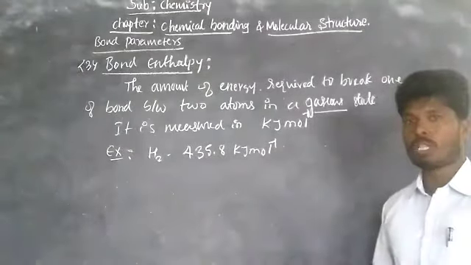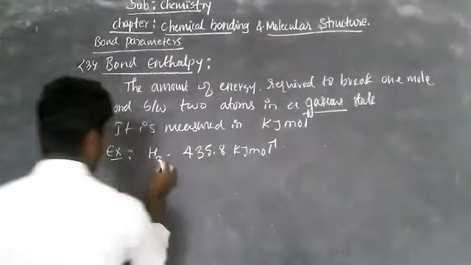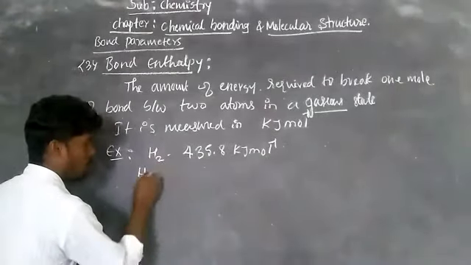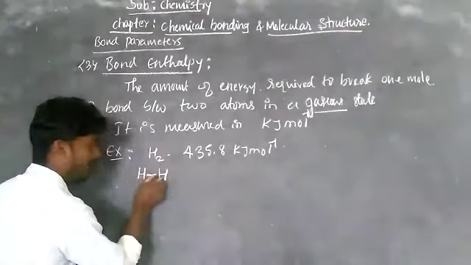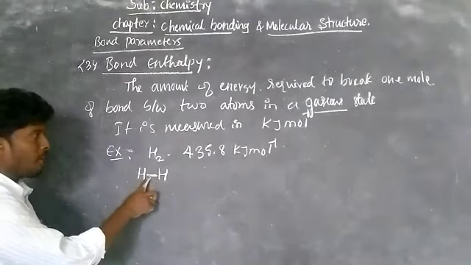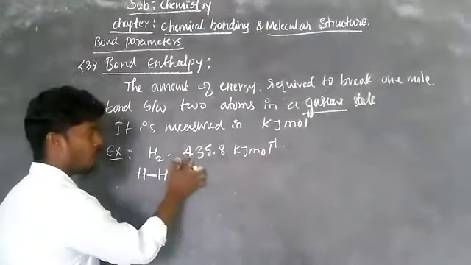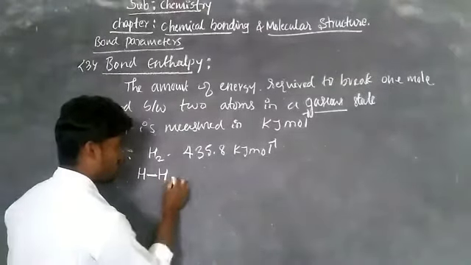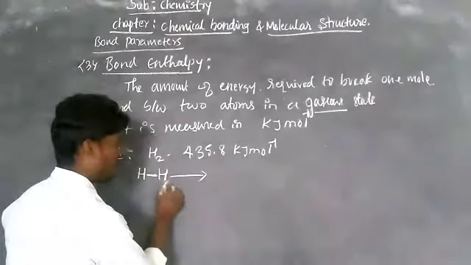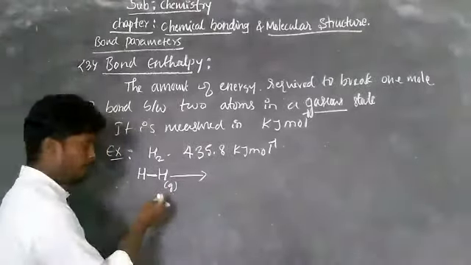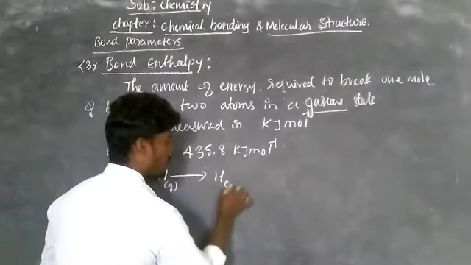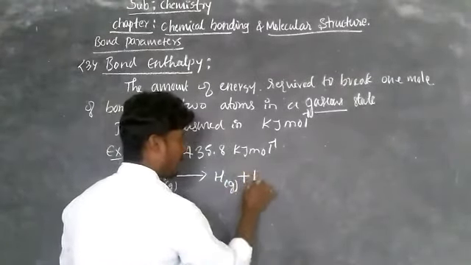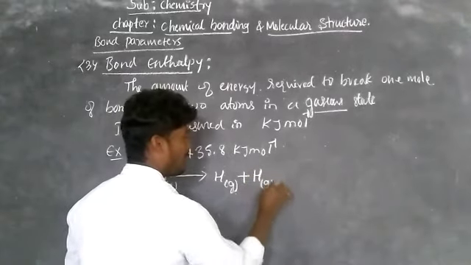Observe here, there is a hydrogen molecule, H-H. To break this bond, how much energy is required? 435.8 kilojoules per mole, in gaseous state. This hydrogen gas H2, after breaking, gives 1 hydrogen atom in gaseous state plus 1 more hydrogen atom in gaseous state.